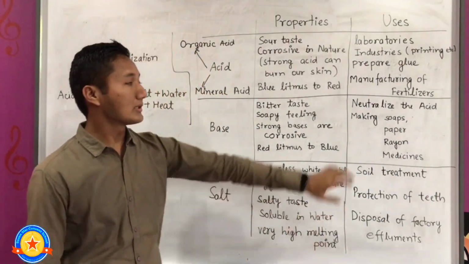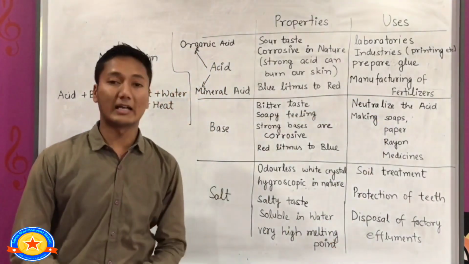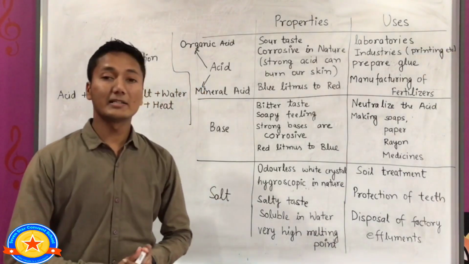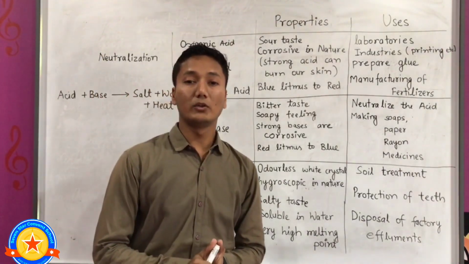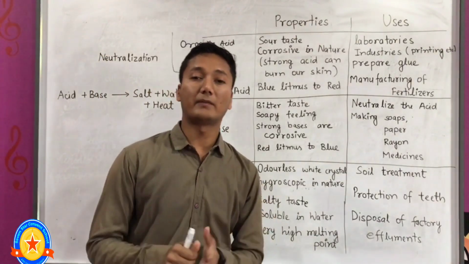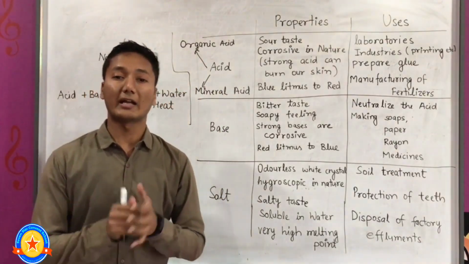Acid is also used in the manufacturing of fertilizers. Fertilizers mean what we use for better farming, that is used in agriculture.